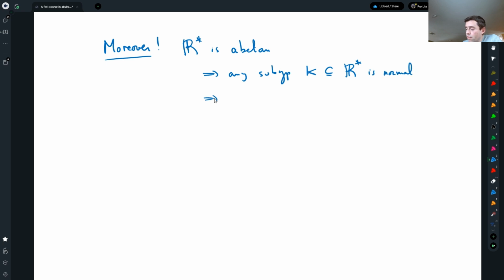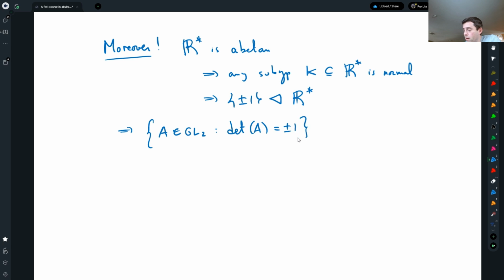In particular, the subgroup plus or -1 is normal in R star, and that implies that the subgroup of matrices in GL2 whose determinant is plus or -1 has to be normal in GL2 of the real numbers.